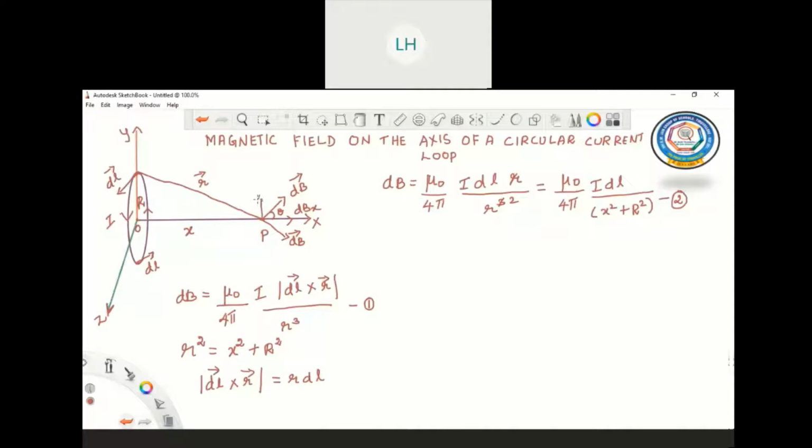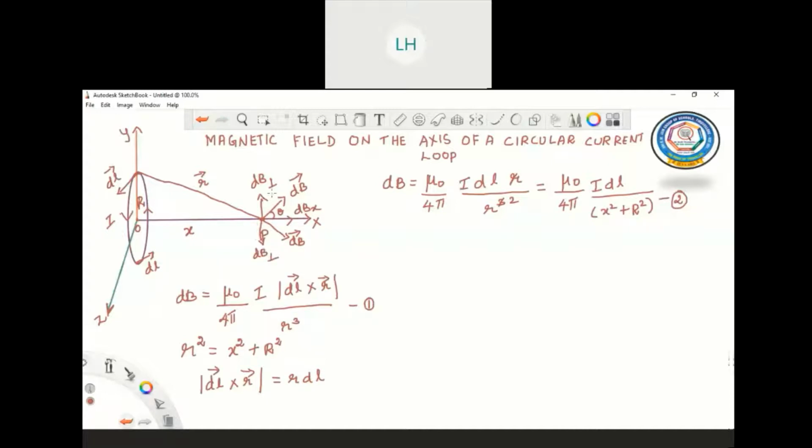So this is my dB y or perpendicular, whatever it is. Okay, so perpendicular component. Similarly, here also, because I told you that the magnetic field due to this current element will again be resolved into two components. One will be along the x-axis and another one will be along the y-axis. So actually it is like this. Okay, so this will be our dB perpendicular component.